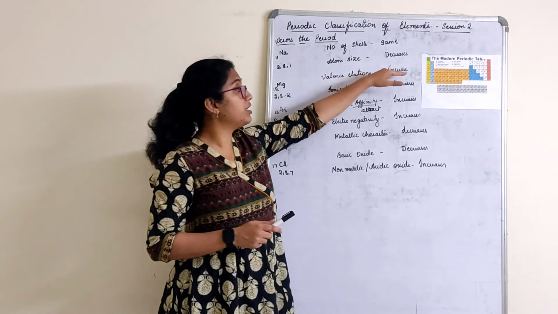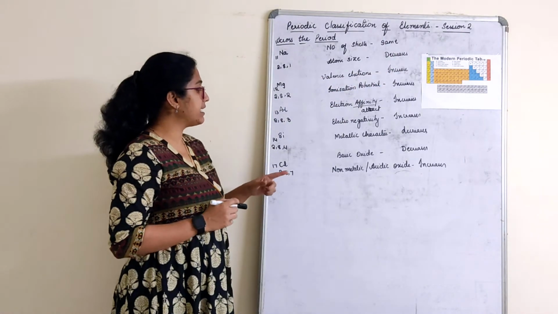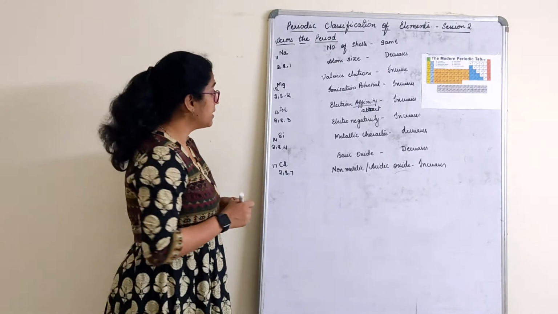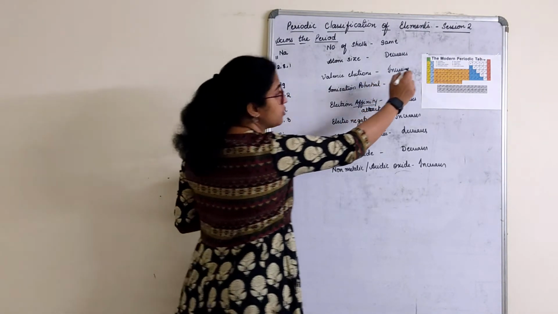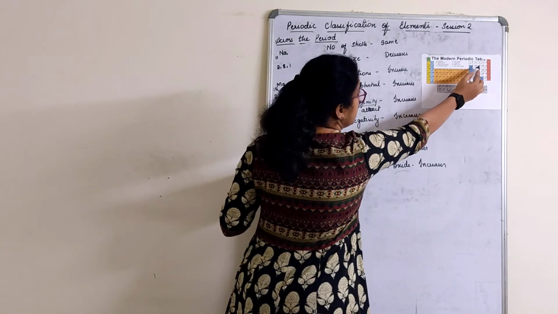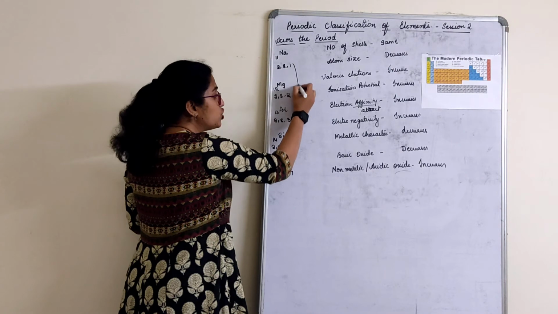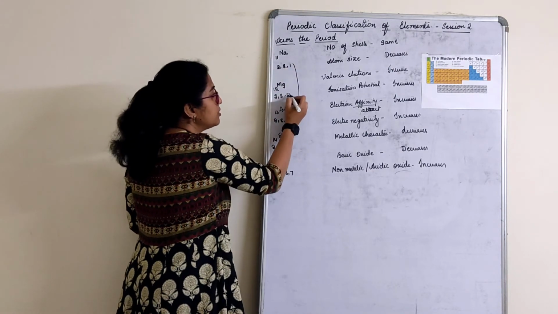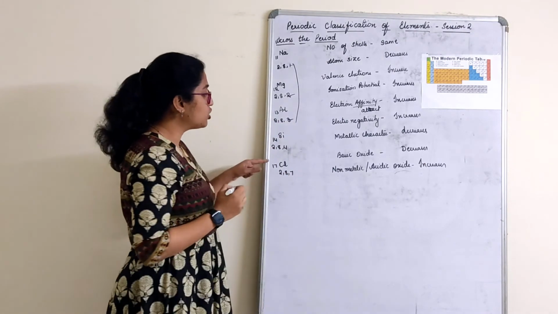Valence electron increases. Now just see here, I cannot say it exactly increases, but I have skipped 1 or 2. But if you see in the third period, for example, next silicon, phosphorus, valence electron 1, 2, 3 initially increases.